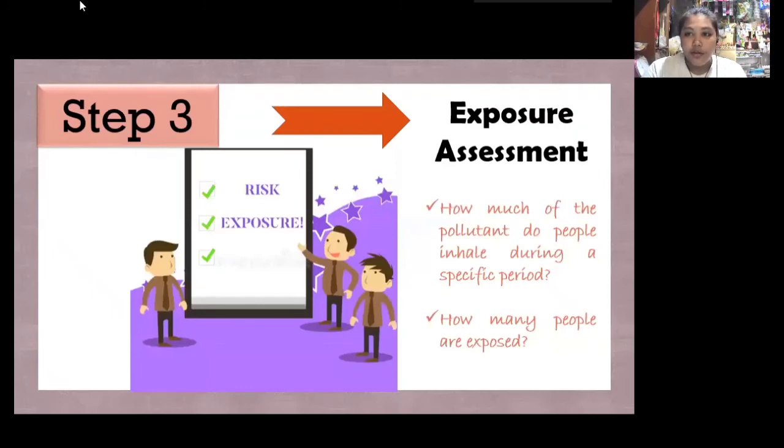And for the third step, the exposure assessment. In this step, we will know how much of the pollutant people inhale during a specific period, and how many people are exposed. Exposure assessment is the process of measuring or estimating the magnitude, frequency, and duration of human exposure to an agent in the environment or estimating future exposures for an agent that has not yet been released.